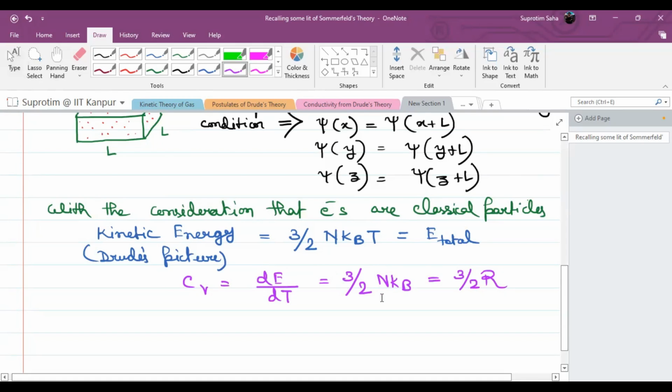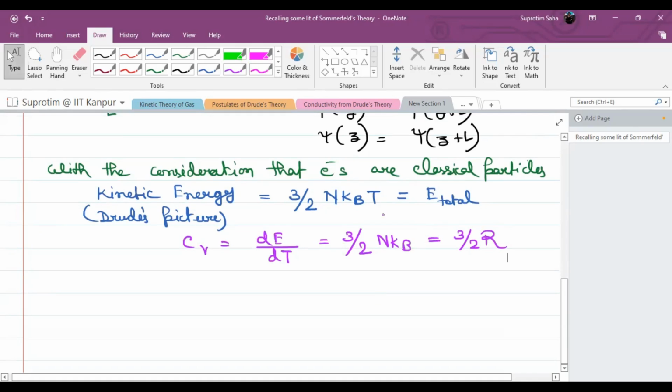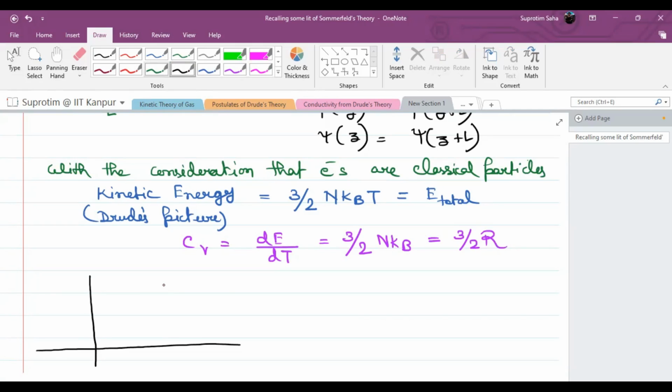All right, but things are not that simple, because what we already saw is that at high temperature, rather than being 3 by 2 R, it's actually 3R. Now, as you went down with temperature, the specific heat behaved as T cubed.